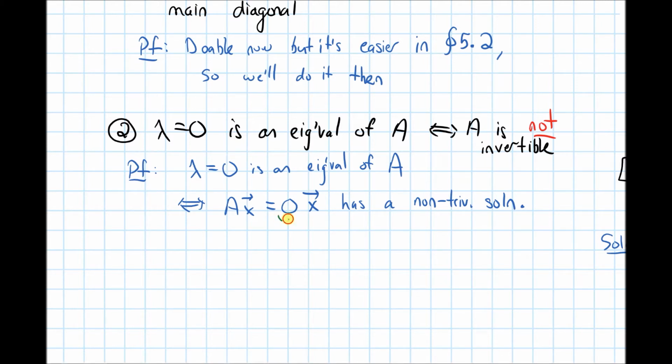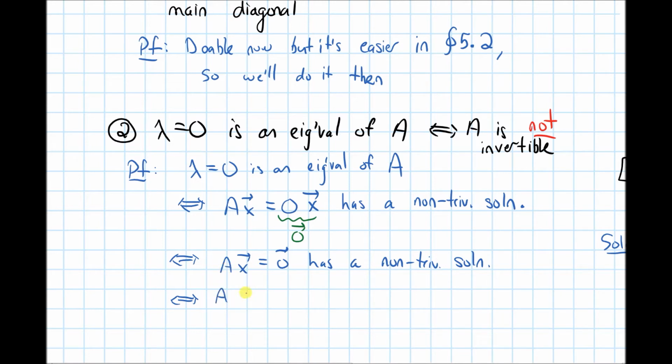But the right-hand side simplifies. 0 times x is just the 0 vector. So this is true if and only if A times x equals the 0 vector has a non-trivial solution. But if this homogeneous equation has a non-trivial solution, that means my matrix A has a free variable.